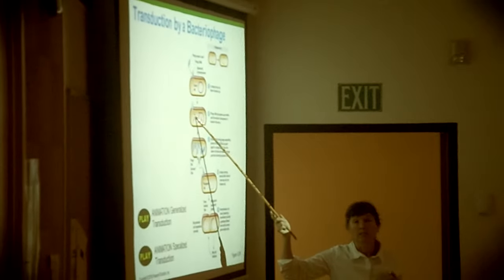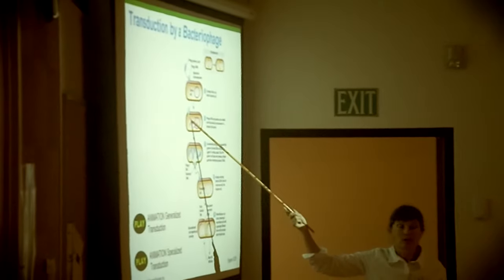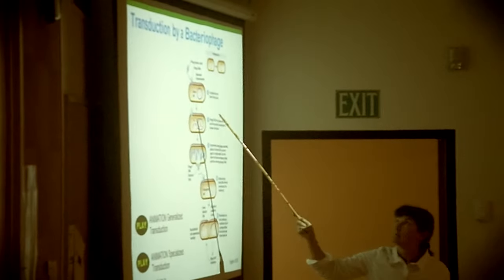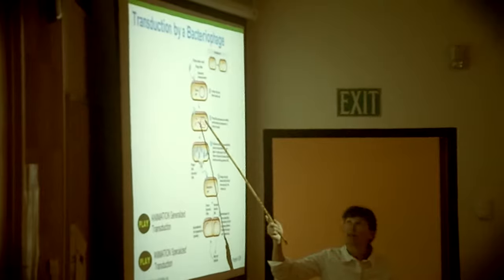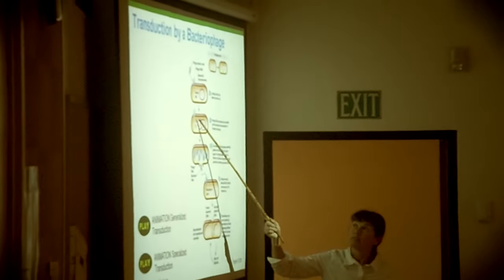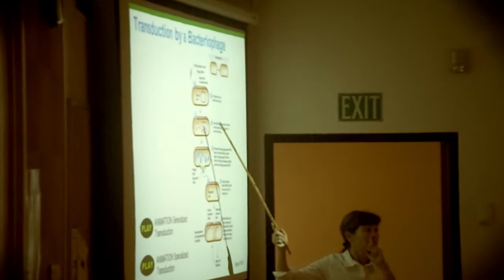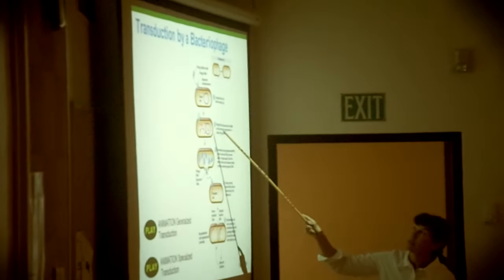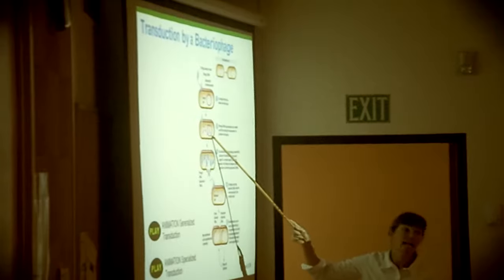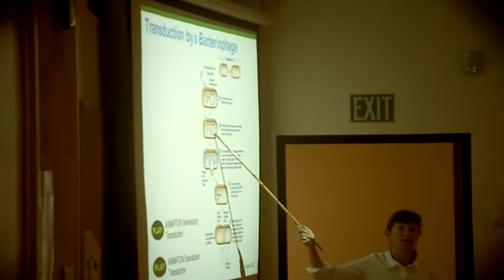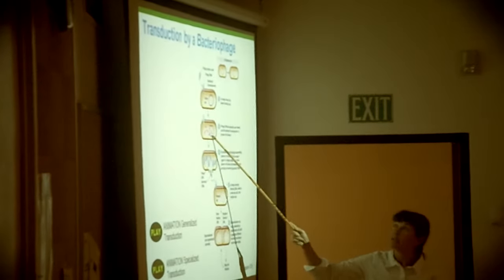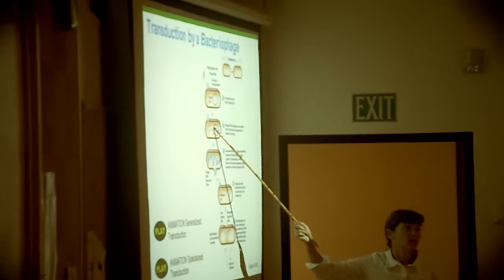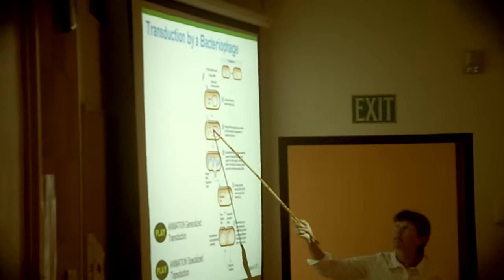The bacterium is no longer going to make organic molecules for itself. All it's going to do now is make copies of the viral DNA and make viral proteins. As part of this process, the bacterial chromosome is hydrolyzed because it will act as a source of nucleotides to make more viral DNA. These viruses are the perfect parasites.